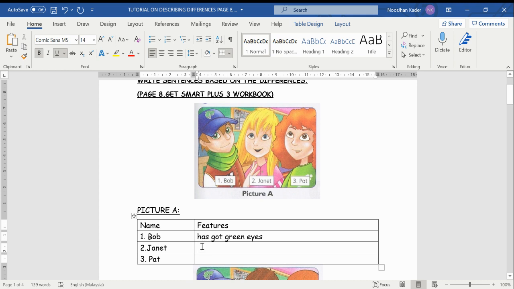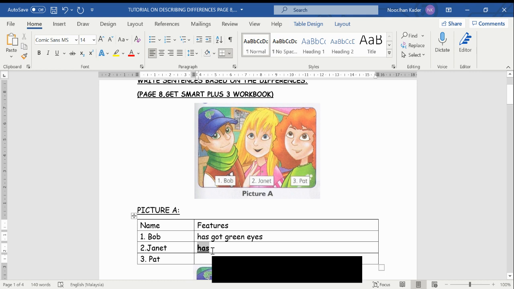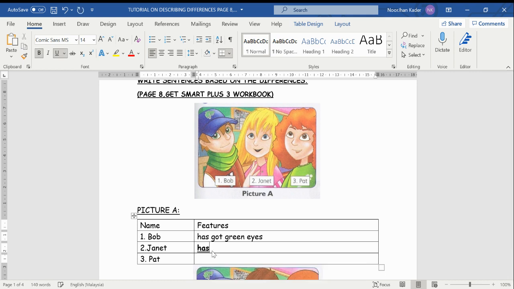blonde hair. Janet has got blonde hair. Now let's scroll down a bit.